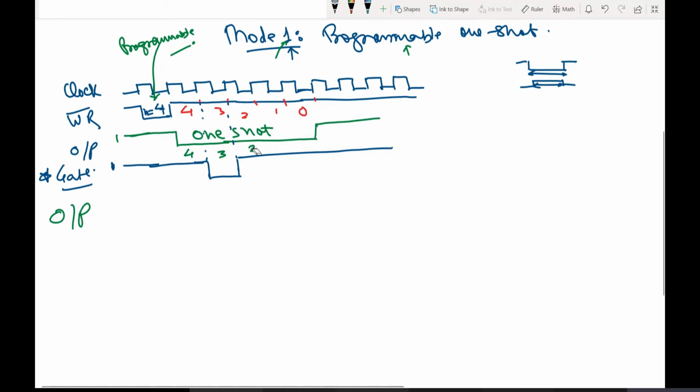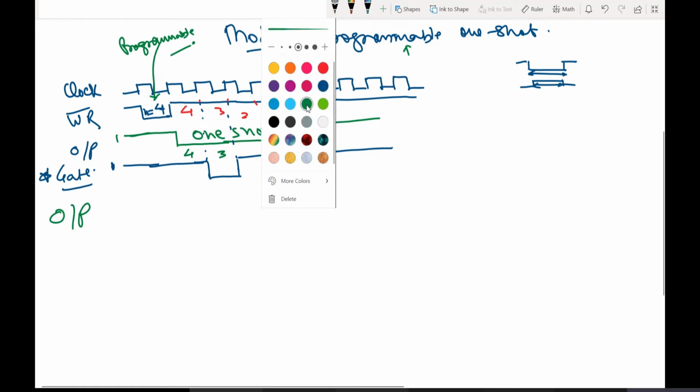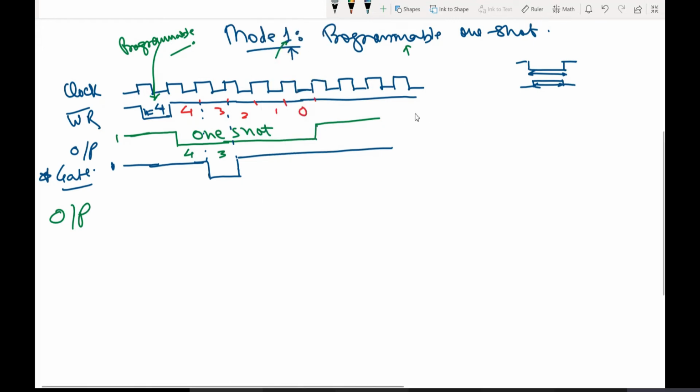The phenomenon says the moment the gate pulse turns itself to low, at that same moment, your count will be reloaded. So if at any point of time the gate turns itself to low, and when it becomes high, the count will be reloaded.